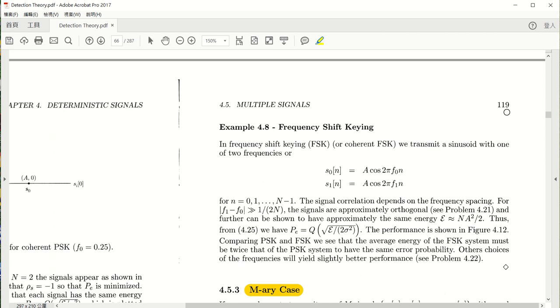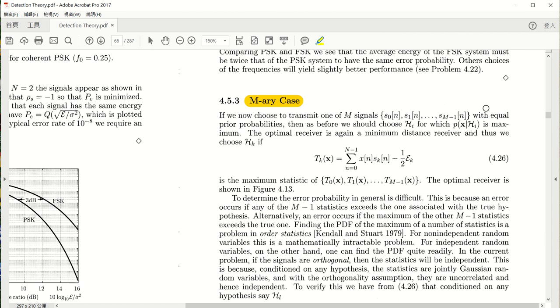Just so that you can follow, we are at page 119. In the M-ary case, we come from binary to M-ary. So now we have M signals, M hypotheses. We have S0, S1 originally. Now we are going from S0 to S(M minus 1).